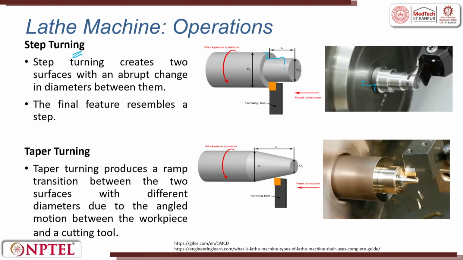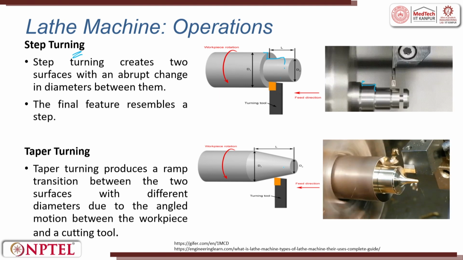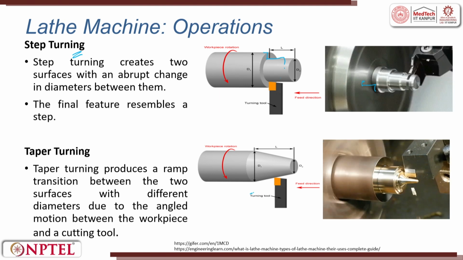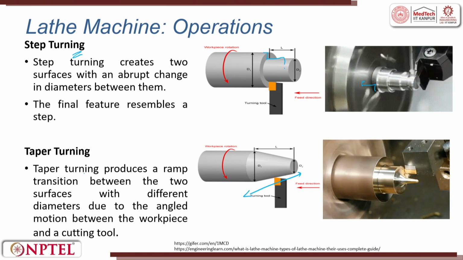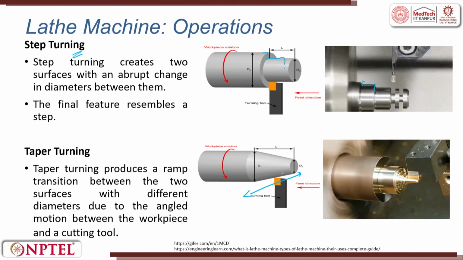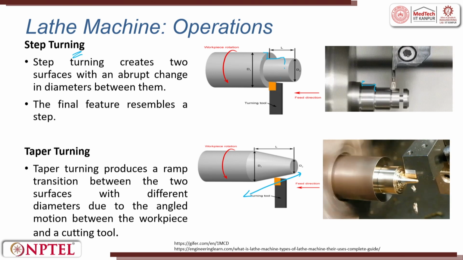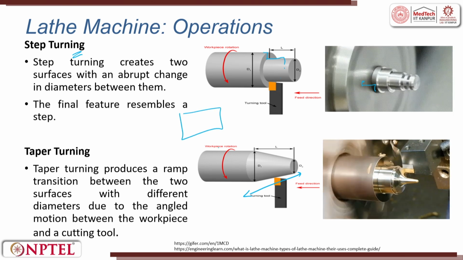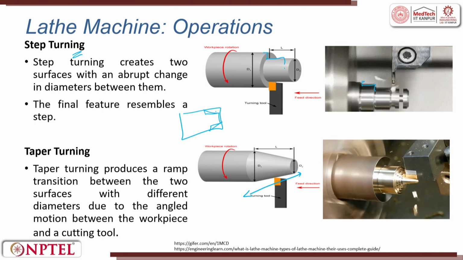What is taper turning? Taper turning is when you rotate the tool post to a particular angle, give a feed, and also move the cross slide. The taper turning produces a ramp transition between the two surfaces. First is the full shaft, then the step shaft, then a ramp which is getting generated.